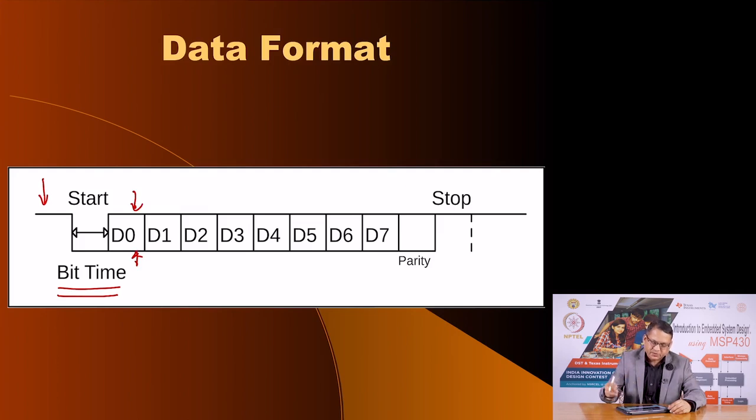You are going to transmit D0, D1, D2 all the way till the last bit, and then the parity of these bits can be added at the end of this. After that you will add a stop bit which is logic high, and when the stop bit ends you can start a new transmission.